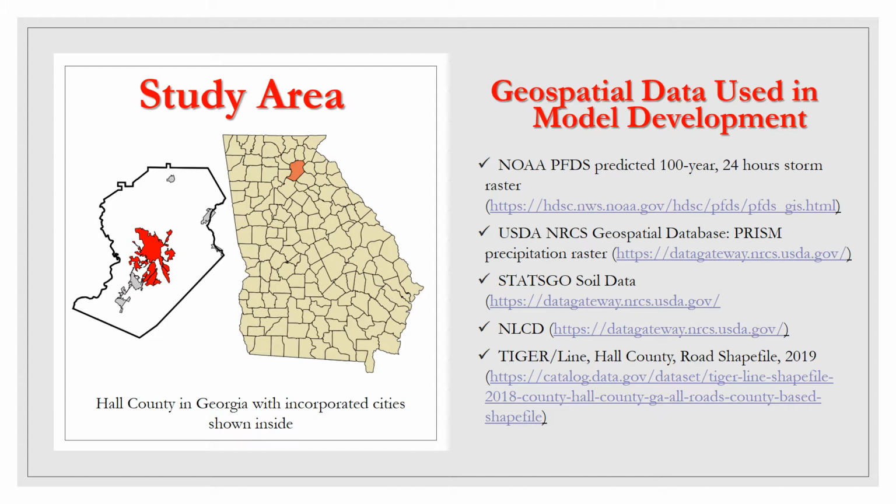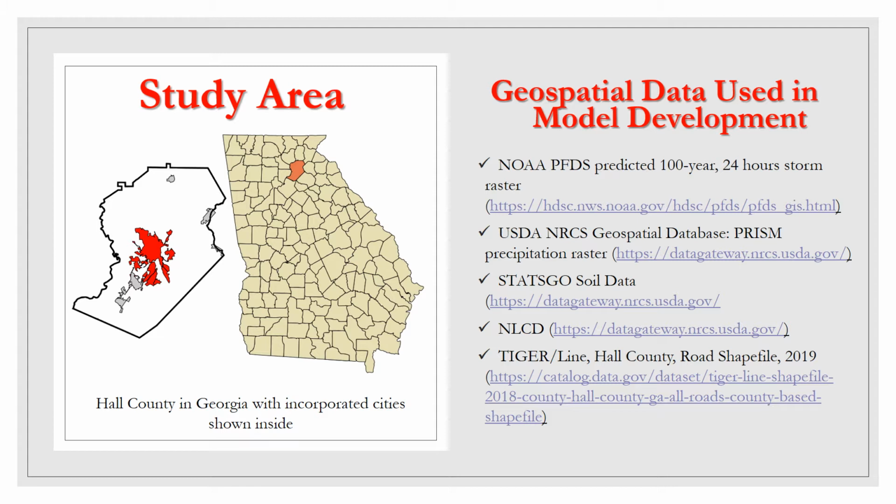We also used STATSGO soil data, because soil is a big feature for analyzing flooding, since runoff mostly depends upon soil characteristics. Next we used NLCD, the National Land Cover Dataset, which provides land use land cover information. That way we know that if it's bare soil, runoff will be higher, and if dense vegetation is there, runoff will probably be less.